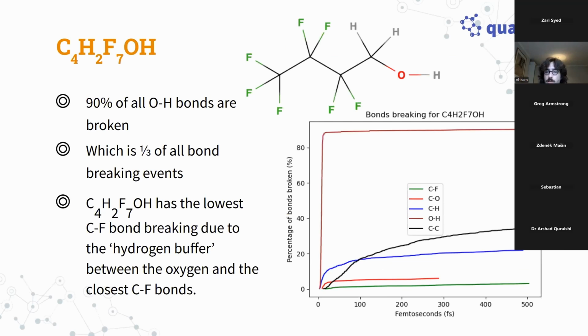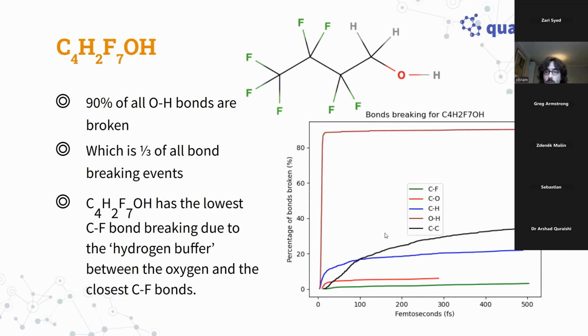And finally, we're going to look at this alcohol here, and we see that this hydrogen in the alcohol group comes off 90% of the time. It makes up a third of all bond breaking events. So this oxygen's having a large effect on whether this hydrogen comes off.